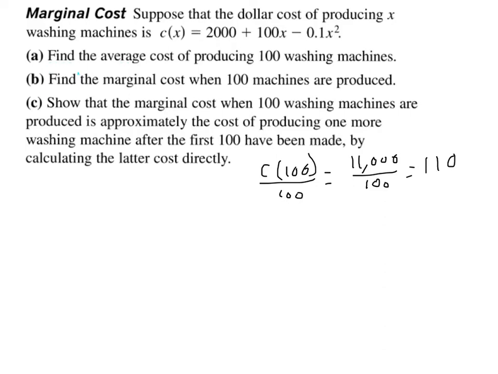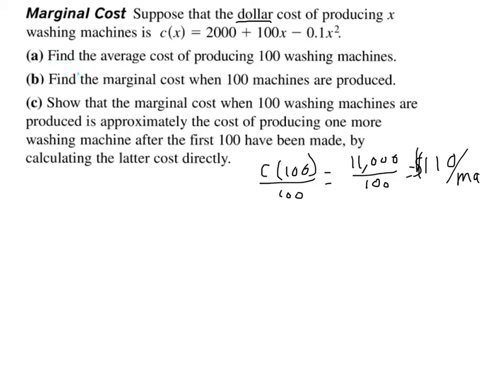Let's see, what would that be? Average cost. I would assume that's dollars per machine. Oh yeah, there it is, because it's dollars. So $110 per machine. Okay, find the marginal cost when 100 machines are produced.